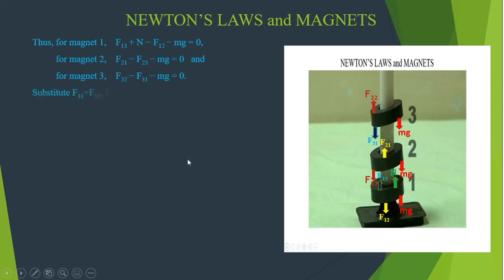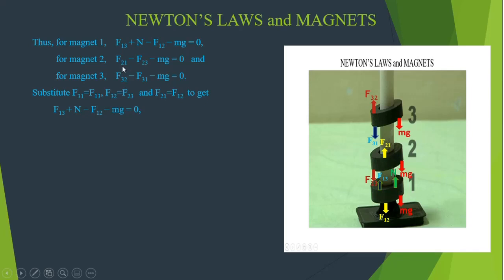Now substitute F13 equal to F31, F32 equal to F23 and F21 equal to F12 in the above three equations. The first equation stays as F13 plus N minus F12 minus mg equals 0.